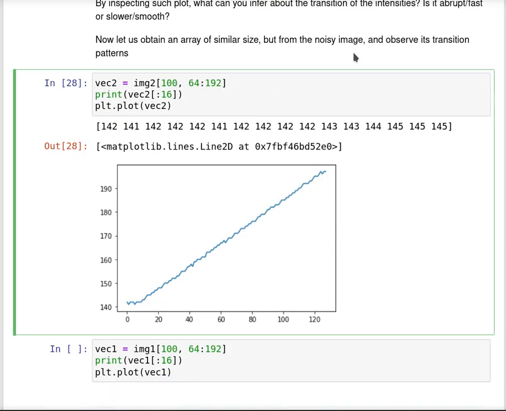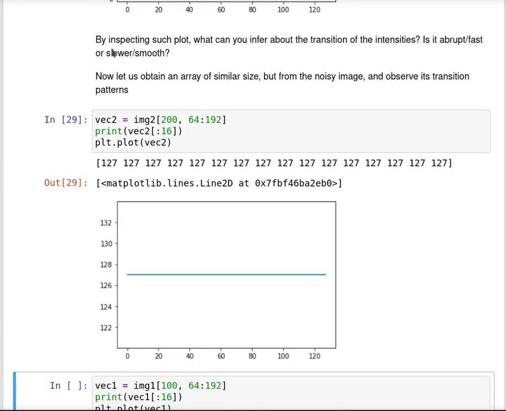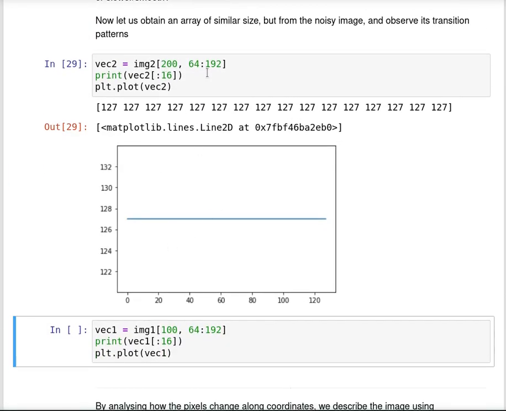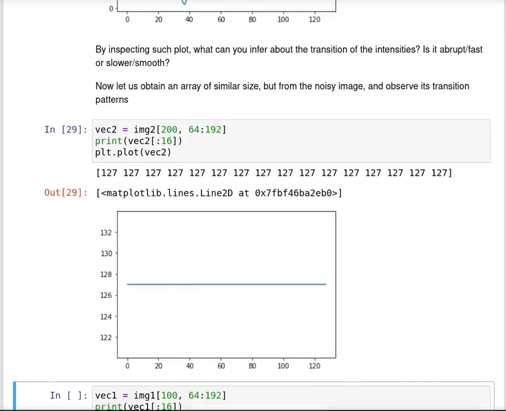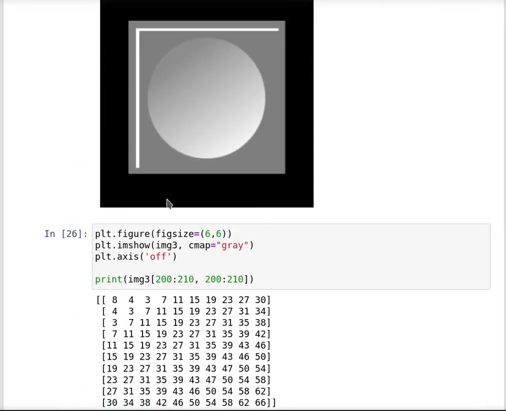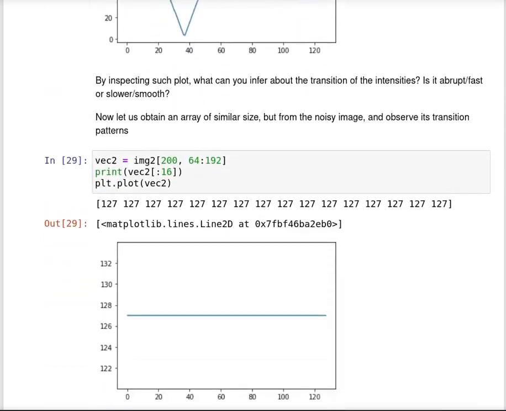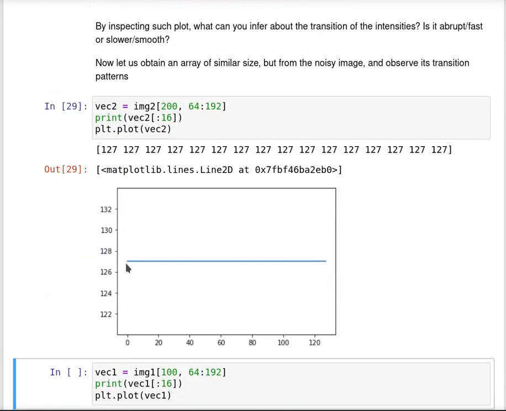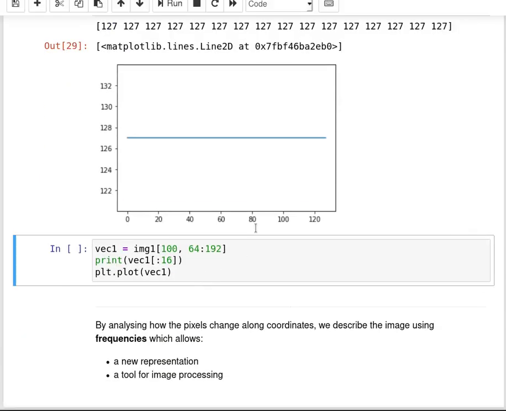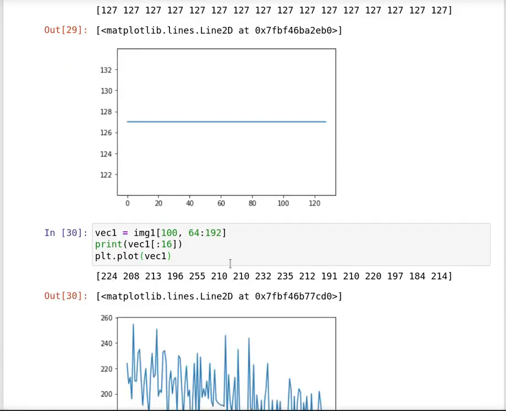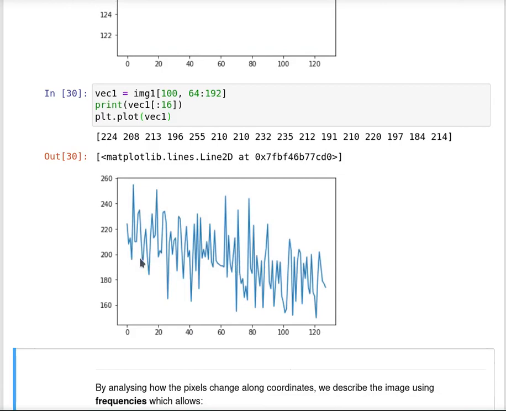We could change to another region of the image, the same region that we defined here, a constant value, and see that in this case the 1D function has no change at all. And finally, for the first image that is noisy, we can see that the intensity values change very abruptly.